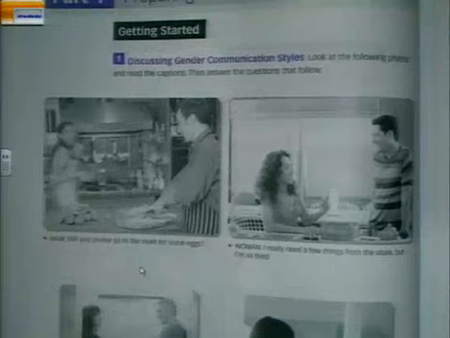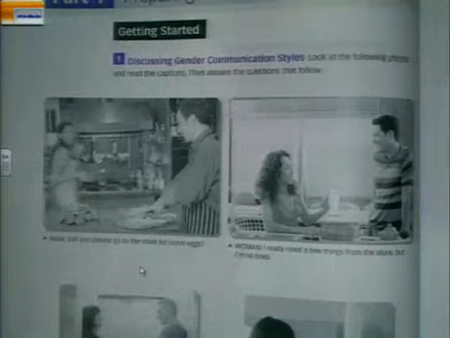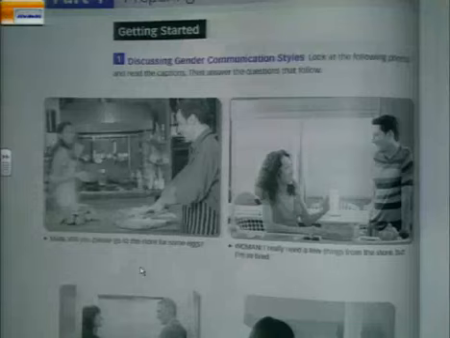That's what he meant. Go to the store and buy some eggs. So that's how a man would express the idea of wanting his female partner to do something for him.